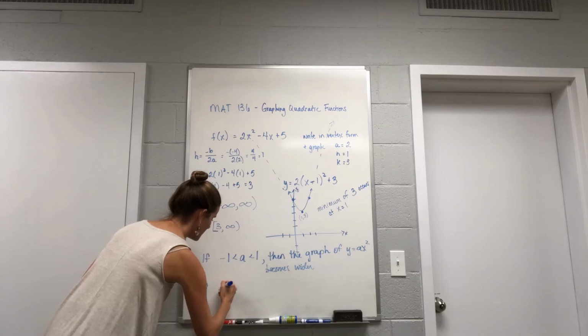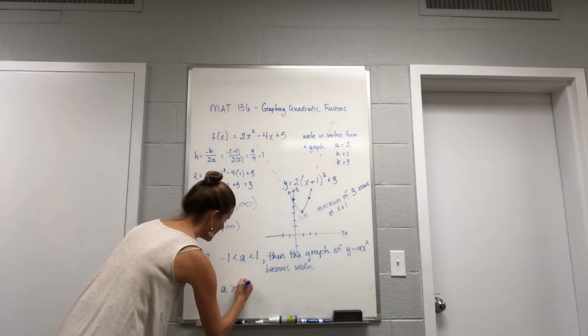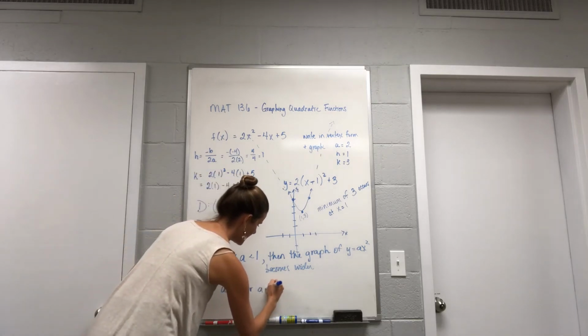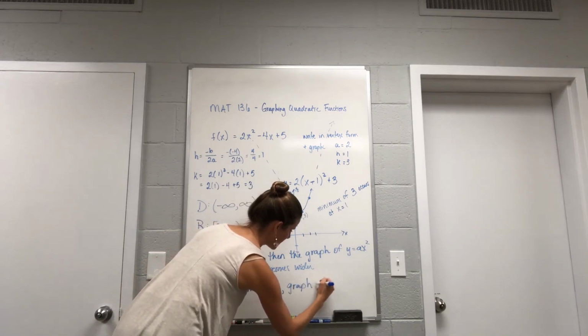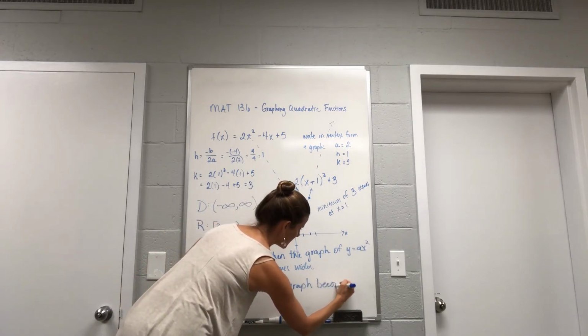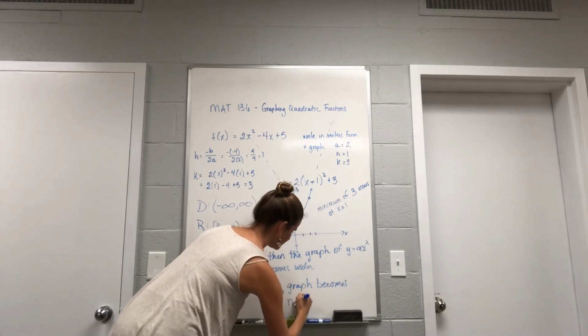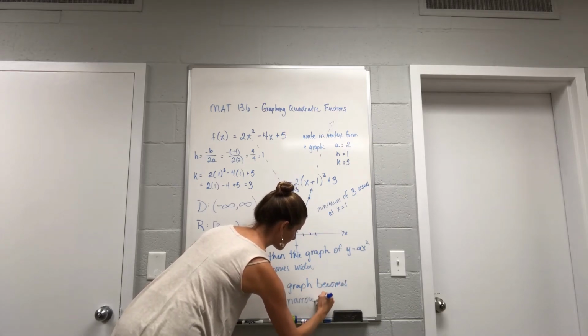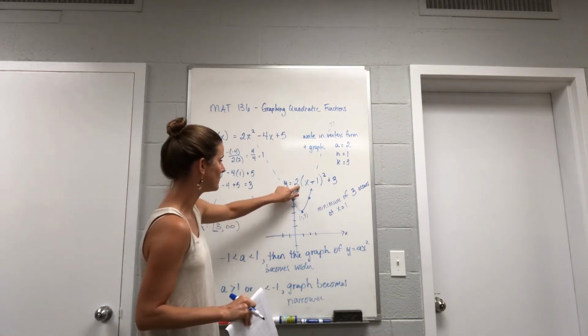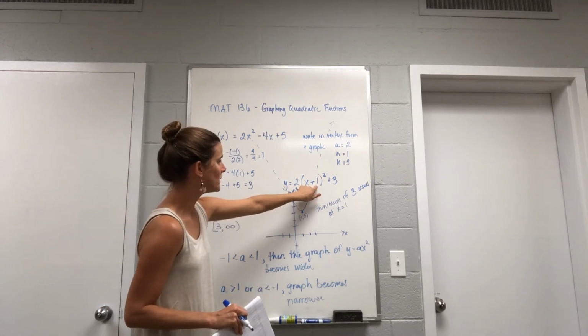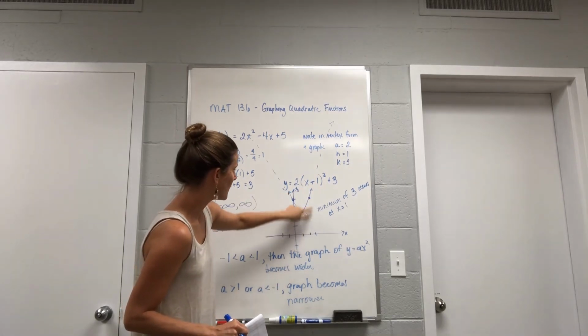If A is greater than 1 or A is less than negative 1, the graph becomes narrower. And again, if this was a 4, and we plugged in 2 here again, the point at 2 was 5.